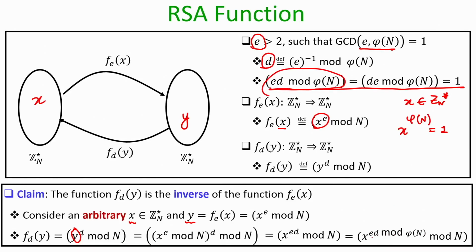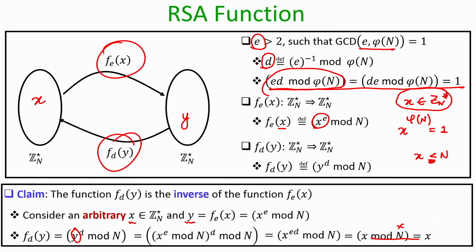So, this is nothing but x to the power 1 modulo n, which is strictly x, because if x was a member of Zn star, that means x was strictly less than n. So, if x is strictly less than n, then the effect of mod will not take, and x modulo n will be the same as x. That shows that these functions f e and f d are inverses of each other. So, if you go in the forward direction through f e, you can always come back in the reverse direction through f d.